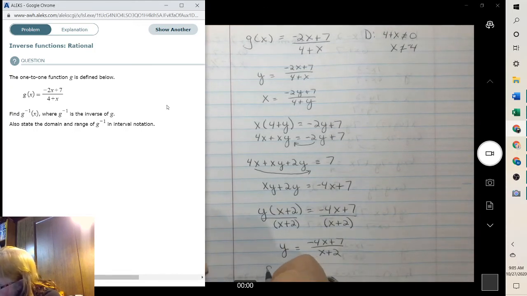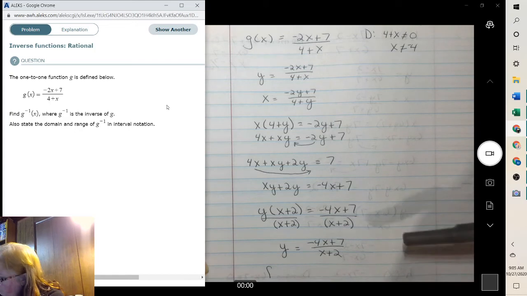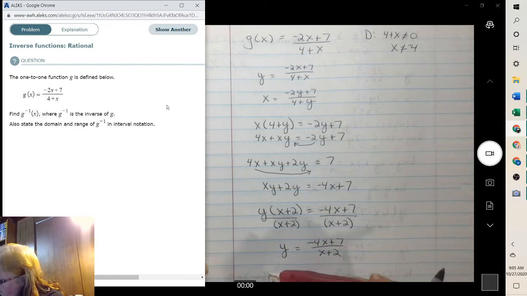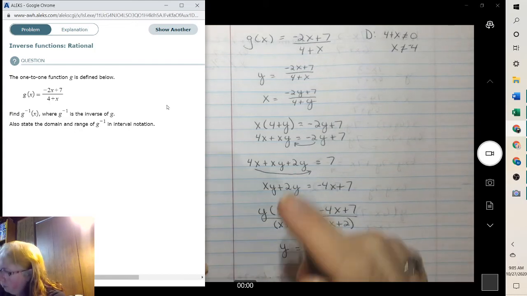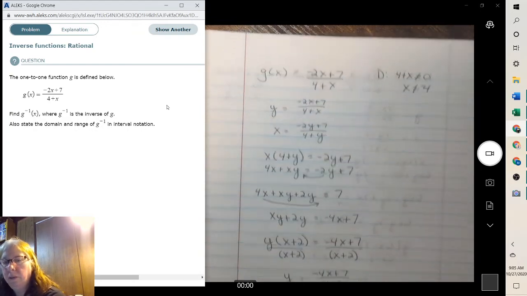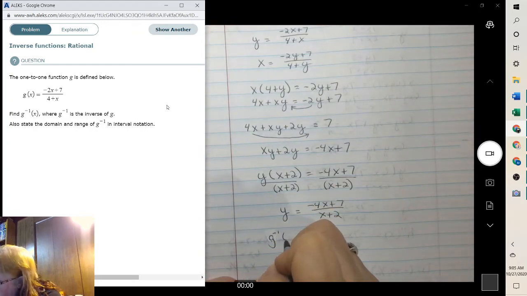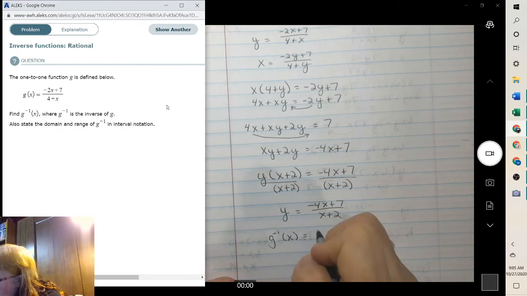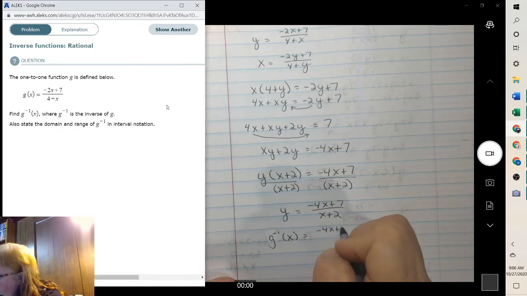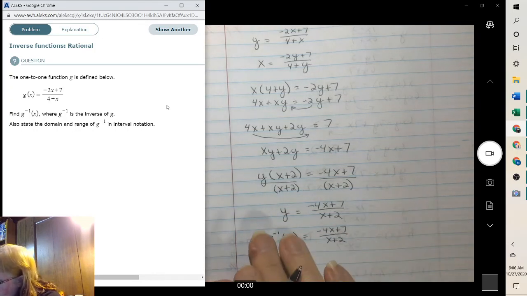And we're left with g. The function was g, so this is g inverse. So that's our g inverse.